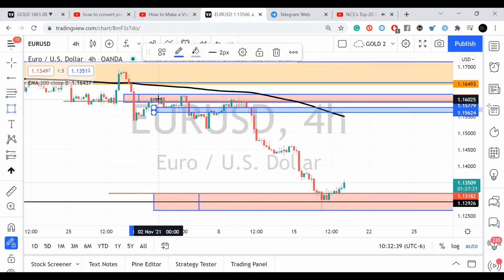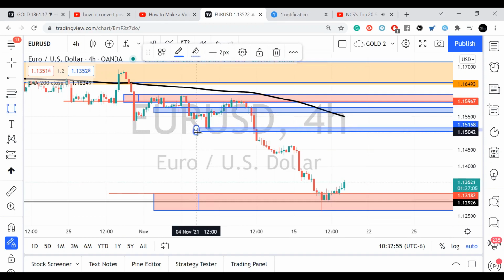You just start from here, from the daily. Then from here, price broke this structure. Price broke this structure, coming down. You see, we have 2 candles to the upside. So this is the H4 structure here.